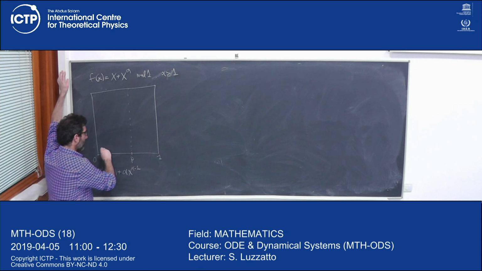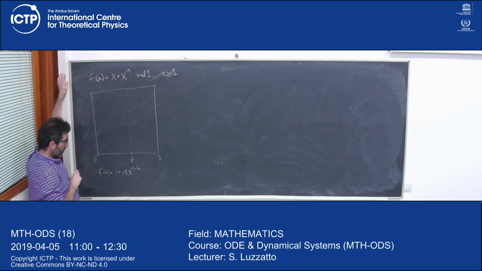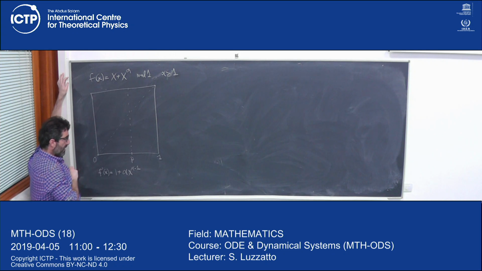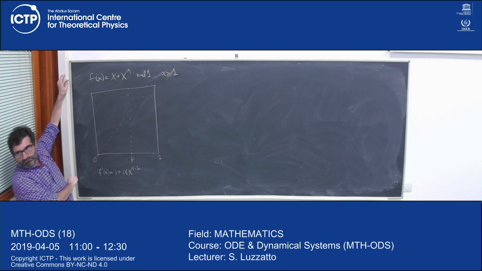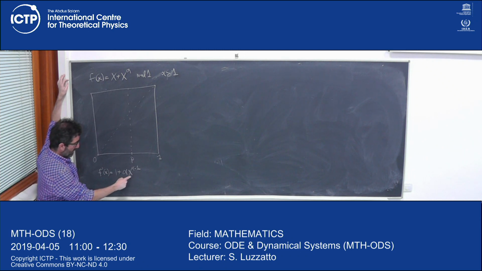So here we have the diagonal. This will have 2 branches, and the derivative at x equal 0 will be 1, and for every other x it will be bigger than 1. Yes? Because it's 1 plus alpha times something bigger than 0, right?